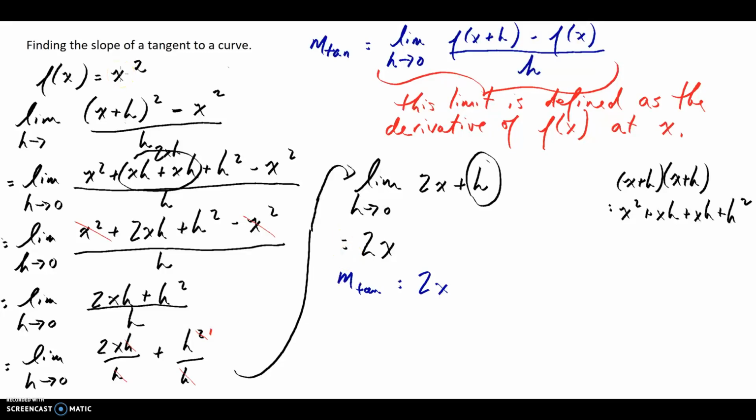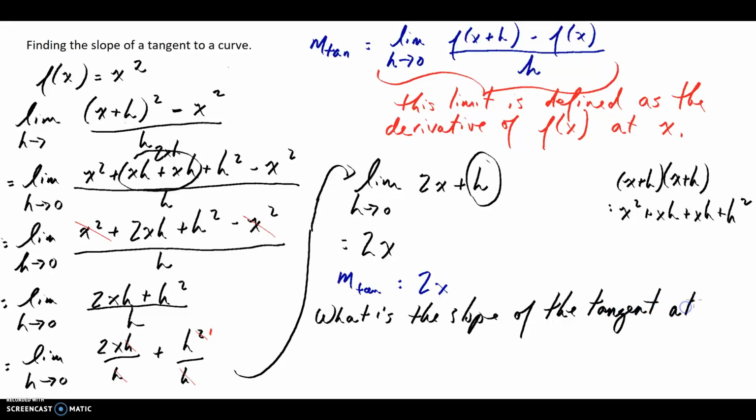What is the slope of the tangent at x equals 3?